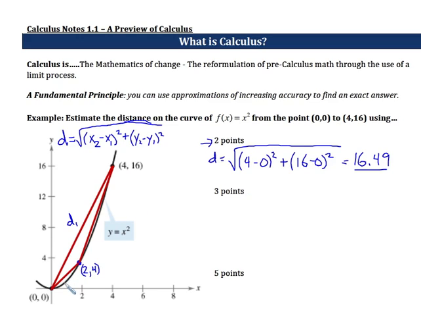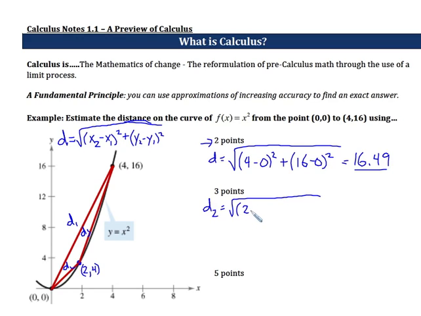In this case, however, we do have to find 2 sections. So here's D2 and D3. First we need to find the length of D2. You can see it goes from the point (0, 0) to the point (2, 4).